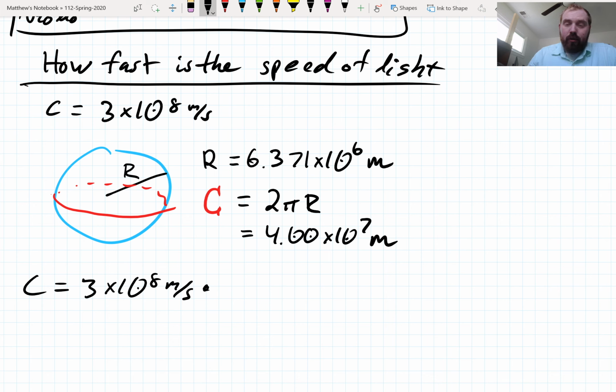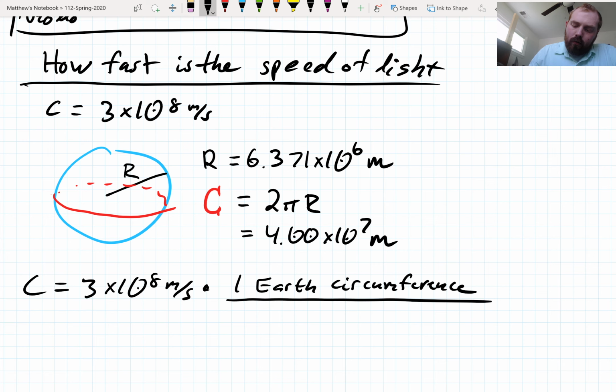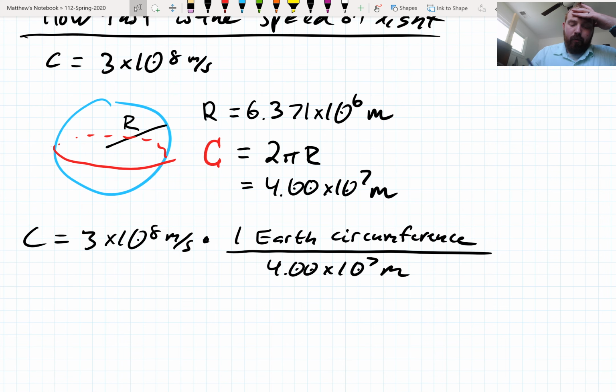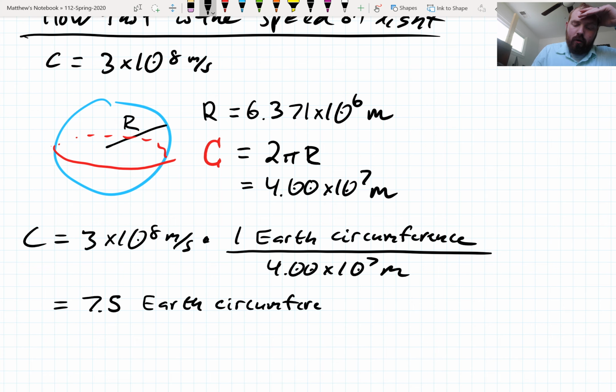I'm going to multiply by 1 Earth circumference and then divide by what that's equal to in meters, 4.00 times 10 to the 7th meters. 3 divided by 4, carry the factors of 10, and we'll find that this is 7.5 Earth circumferences every second.